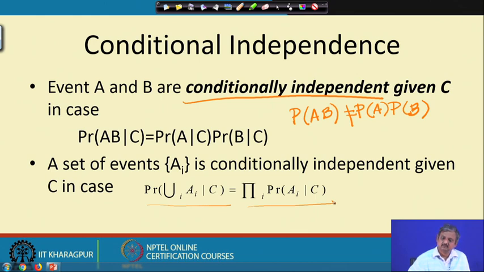So, you see they are independent, because the probability that both will be head, I can write as the probability that one is head and the other is head. If they are unbiased, it will be 0.5 into 0.5.